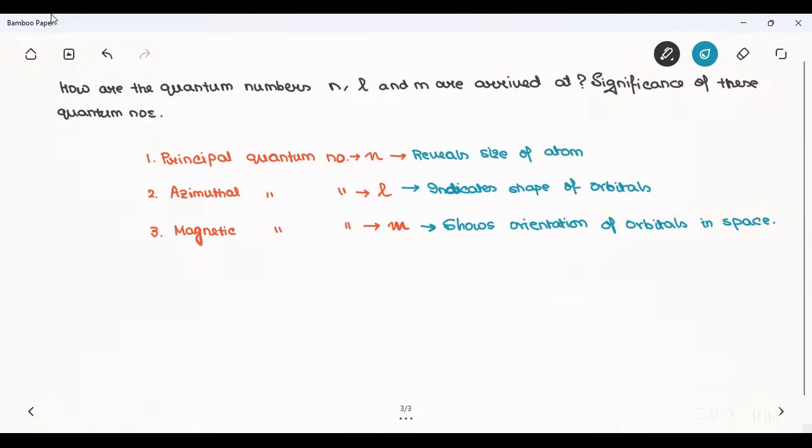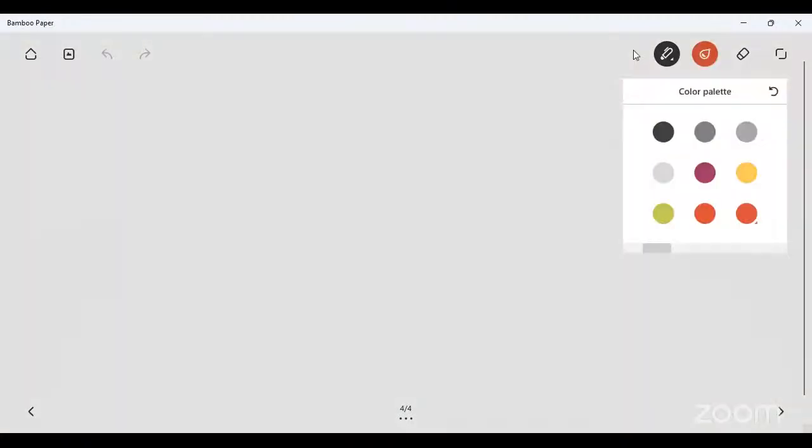Now, there is an important chart that we always do, like the energy levels and the subshells. First is the principal quantum number, n. Second is the azimuthal quantum number, which is l. Then comes the symbol.